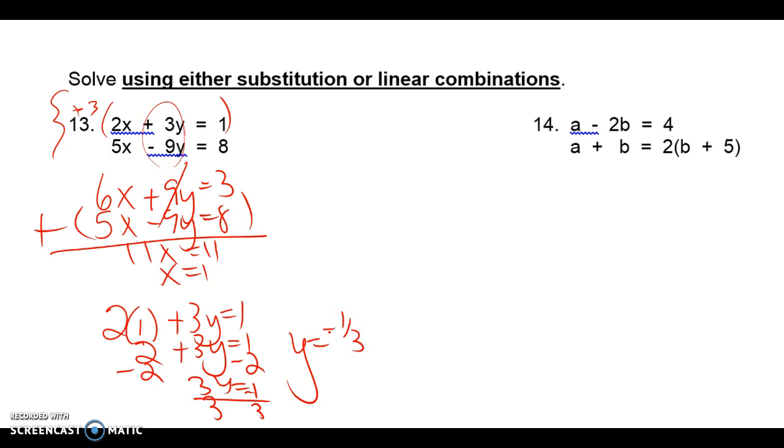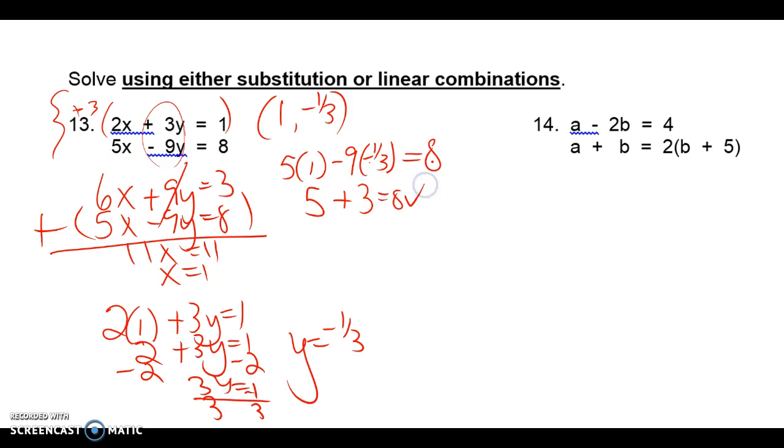All right, so it looks like it's 1, -1/3. Let's check that. Okay. 5 times 1 minus 9 times -1/3. Does that equal 8? 5, negative minus a negative is plus, 3 equals 8. That works.